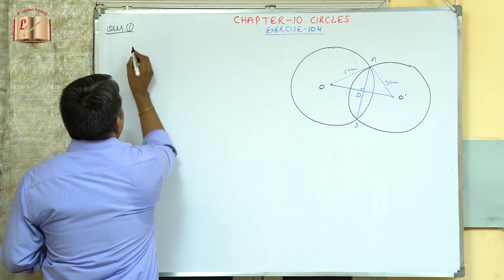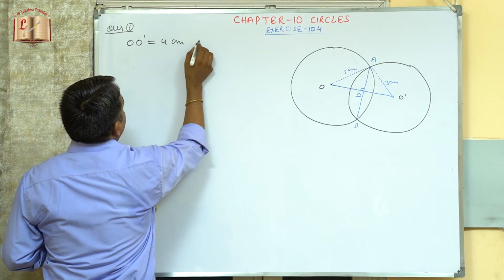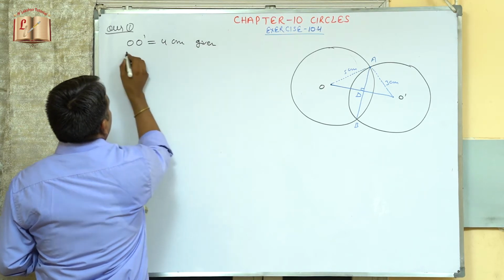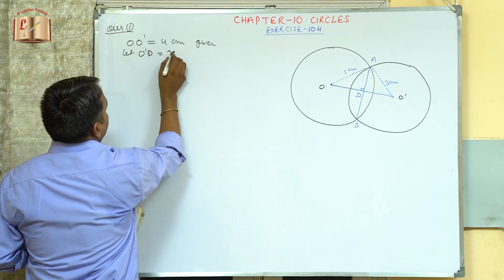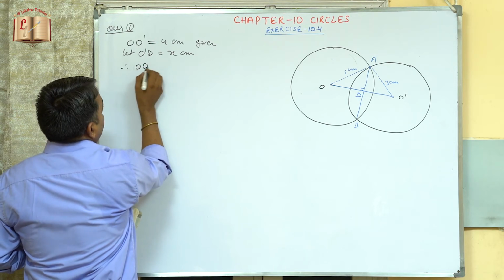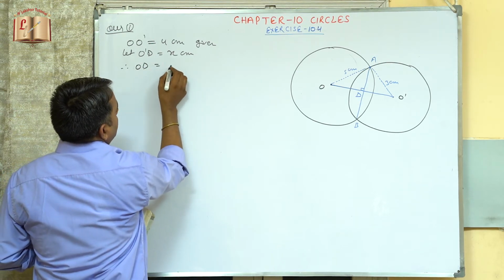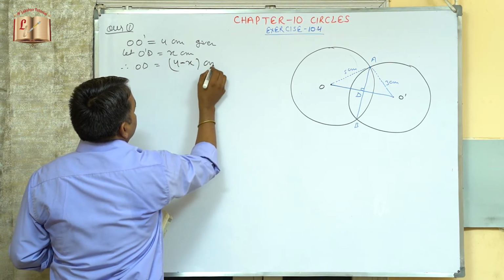So OO dash is equal to 4 centimeters. This is given to us. Let O dash D be equal to x centimeters. So therefore OD becomes 4 minus x centimeters.